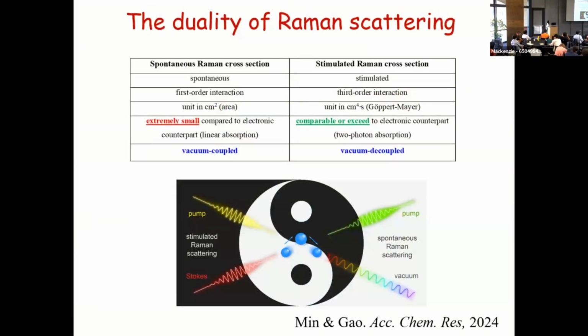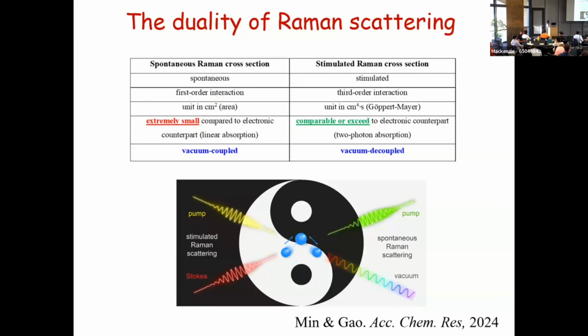So this theoretical development further inspired a way to propose this concept of Raman duality. Basically, you can understand that it is actually the weak vacuum field from the Stokes that is intrinsic to the spontaneous Raman transition process that actually makes the traditional Raman spectroscopy cross-section appear numerically small.